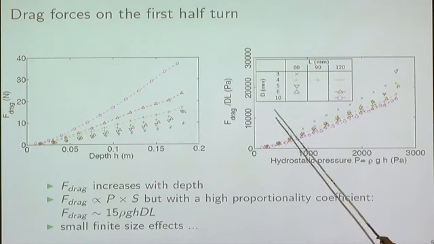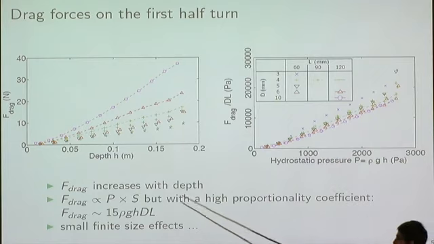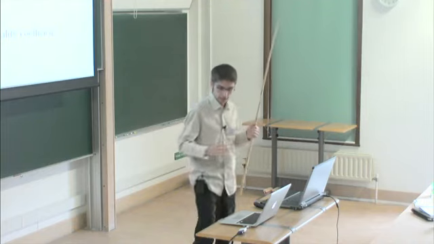And we can easily rescale the drag by the cross surface of the cylinder, and we have a good collapse of all of our curves. So, as expected, we find a drag which is proportional to the depth in the granular bed, so proportional to the hydrostatic pressure.